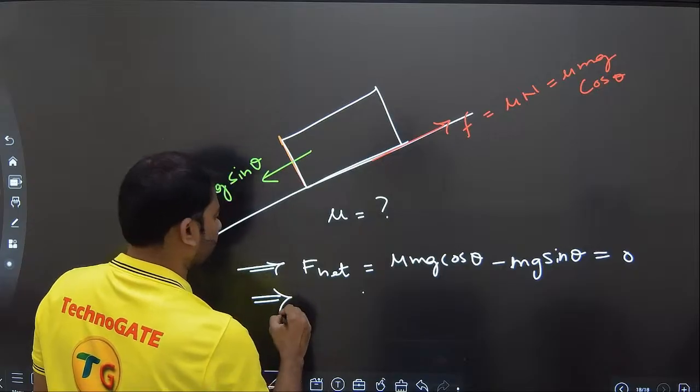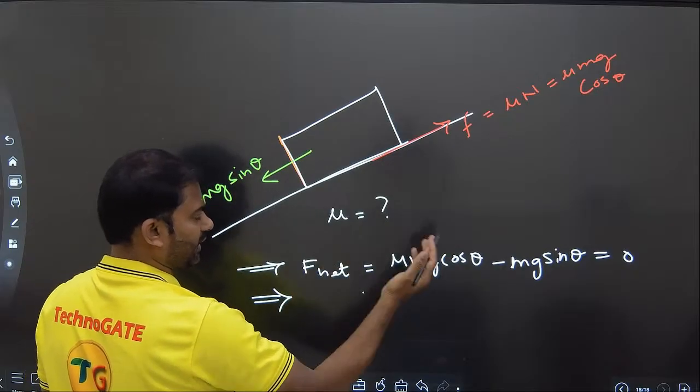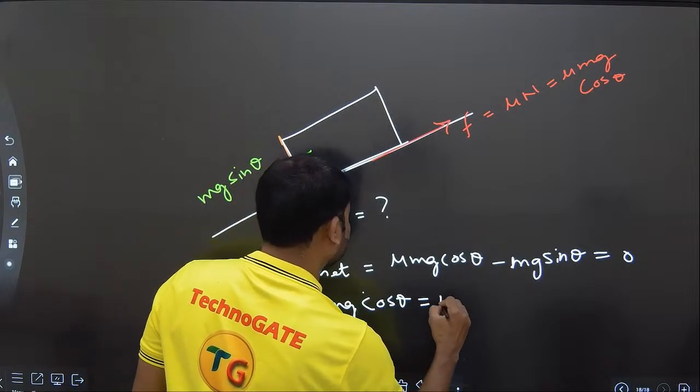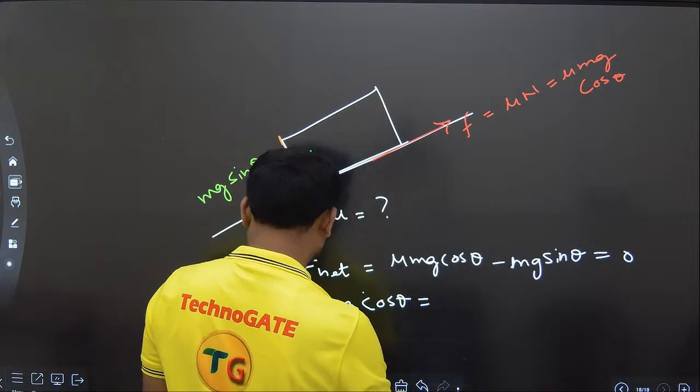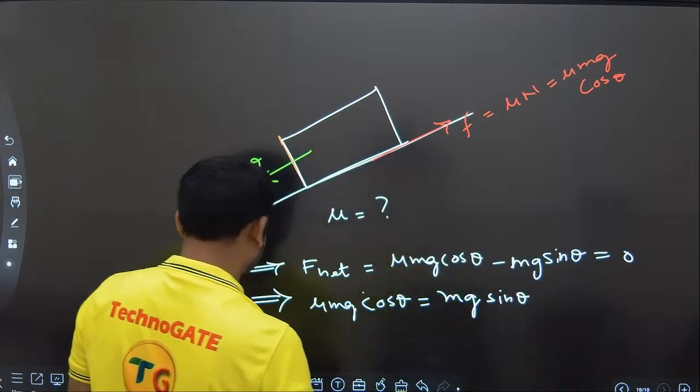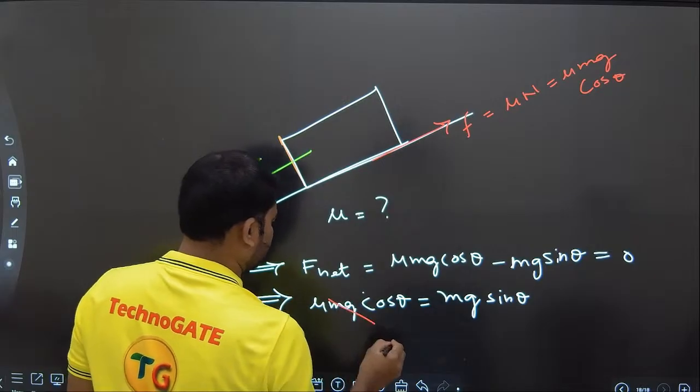If you take it like that, mu mg cos theta is equal to mg sin theta.